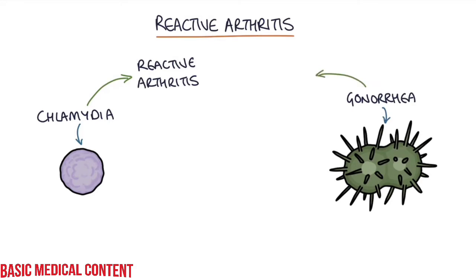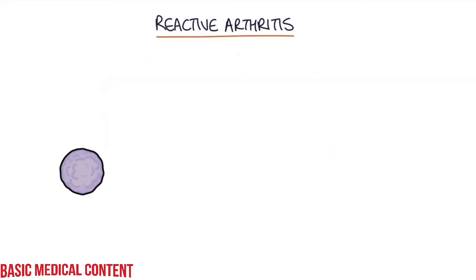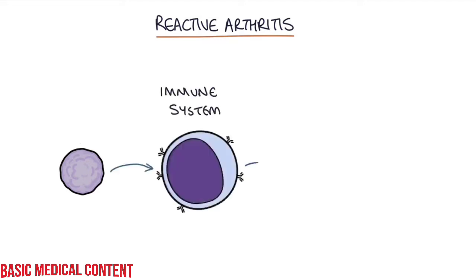Gonorrhea commonly causes a gonococcal septic arthritis. So if somebody's got a recent sexually transmitted infection, you need to think about both reactive arthritis but also septic arthritis.